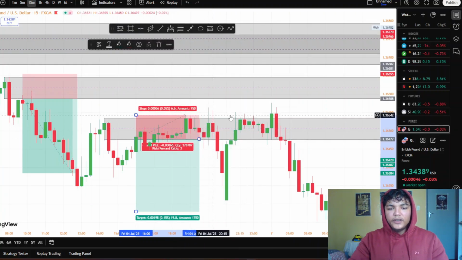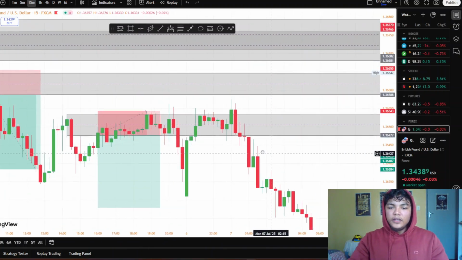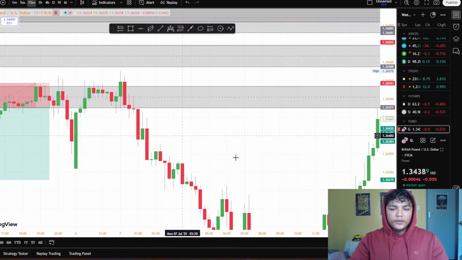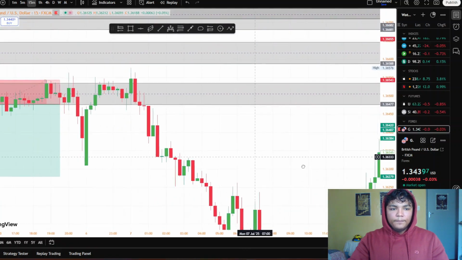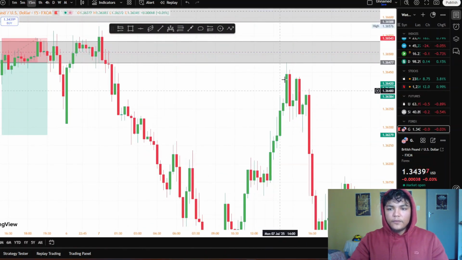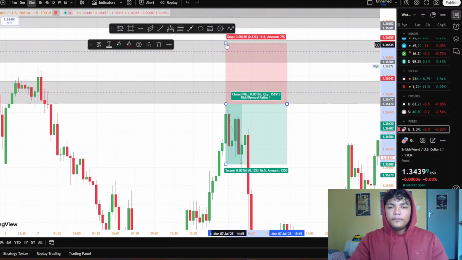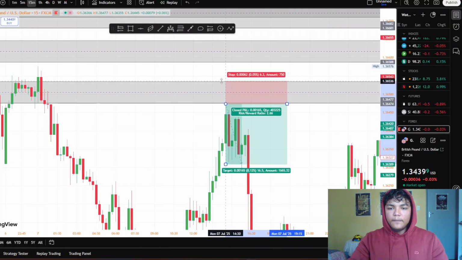Every time you place a trade here, you would have been stopped out, and then at the end the market goes down in your direction. So you would have been stopped out, but then you wait for the market to come back again to retest this order block, and then you would have made your profits again.